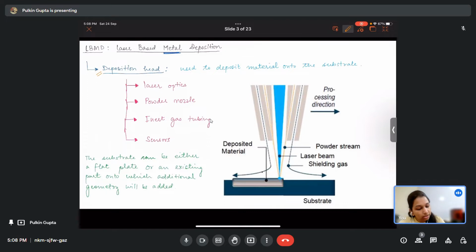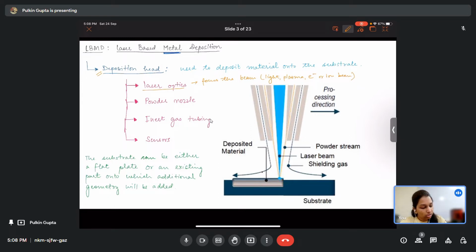This deposition head consists of laser optics. Its function is to focus the beam, which can be light, plasma, electron, or ion beam.